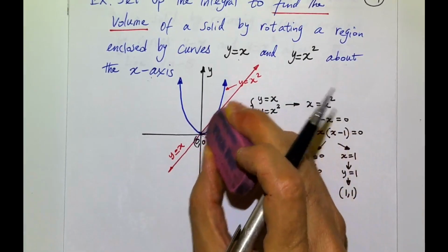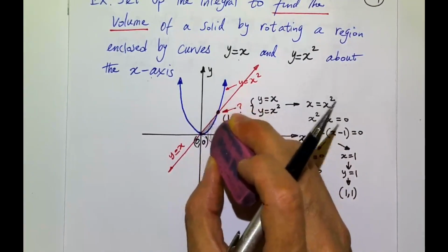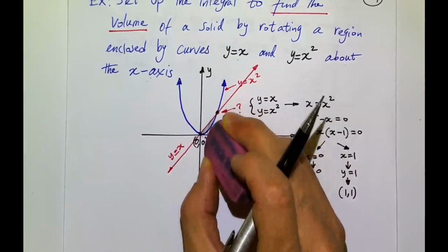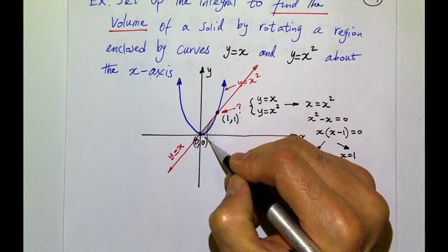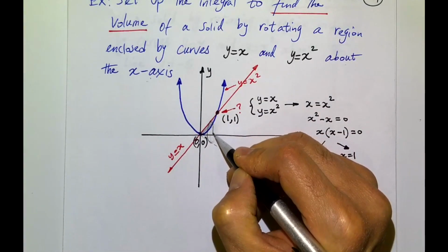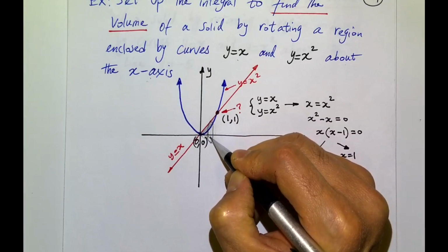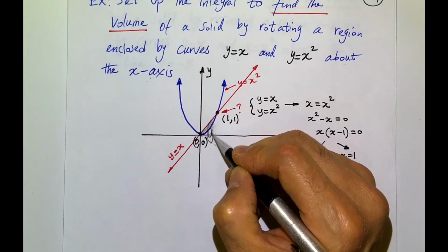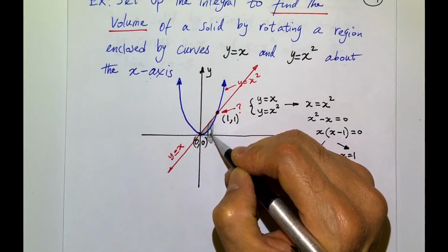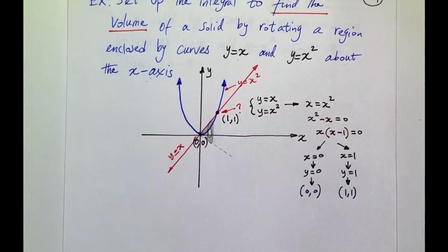Let me erase that. Like that. So this red line will give us that, and the blue one will give us that. So for sure we're going to get a washer, right? It's going to have a hole in the middle. So we're going to have to use the washer method.